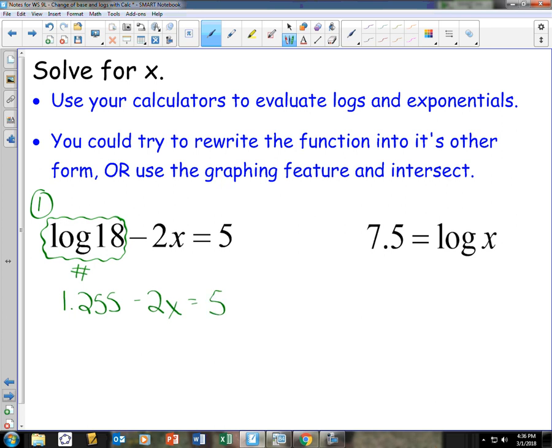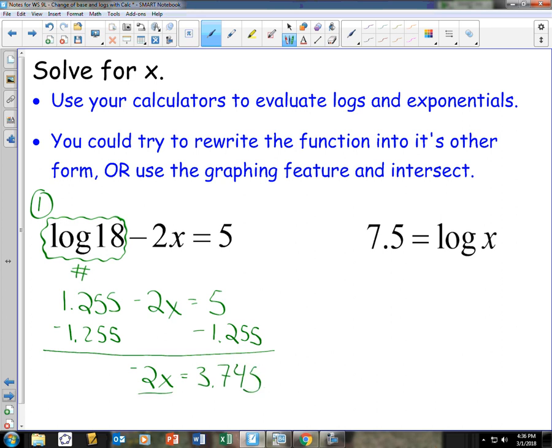I'm going to subtract my 1.255 over here. So negative 2x is going to equal 3.745.